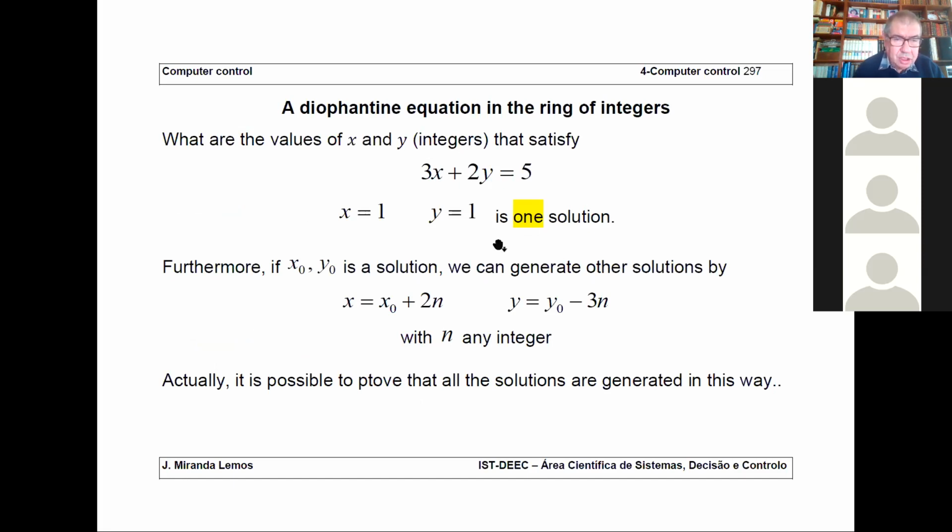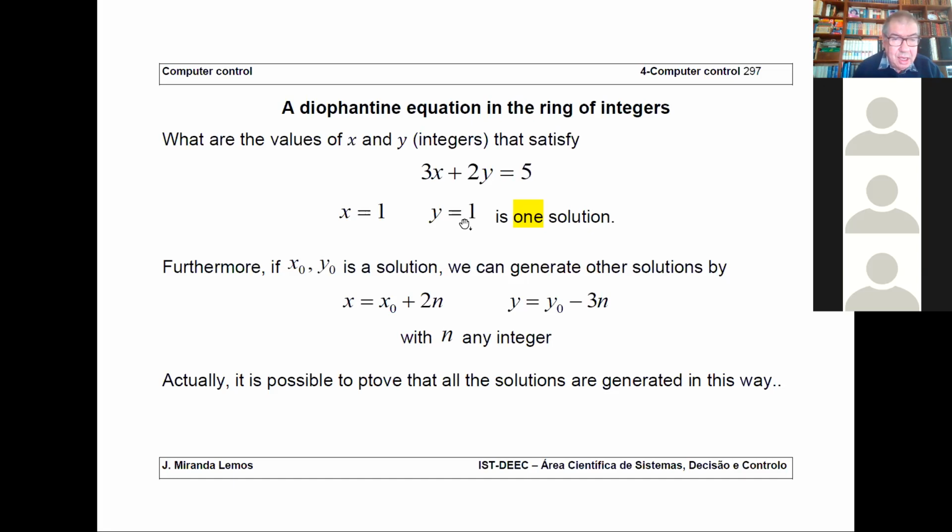Now, if you have one solution, it's very easy to build many other solutions. You replace x by the particular solution that you found, plus the coefficient of y times some number n, and y is the particular solution for y minus the coefficient of x times n, the same n. When you vary n, you get solutions. Why? Because these two terms will cancel out.